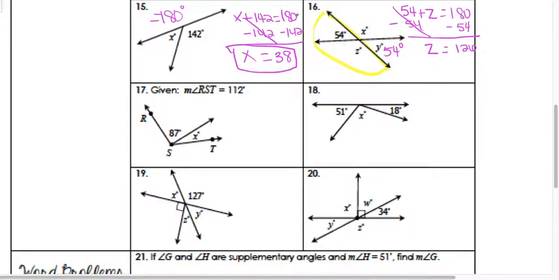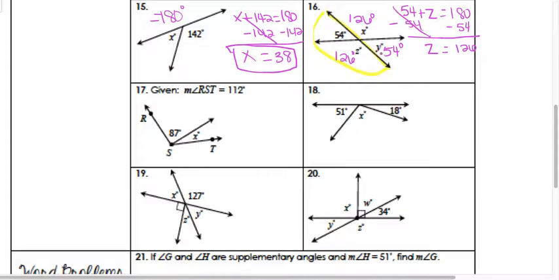Okay, z is 126 degrees. Well, if this is 126 degrees, what is this one? Because they're vertical, it's going to be 126 as well. All right, I apologize for messing you up with the x right there. Either way, it really is okay. I just didn't want to mess you up by putting the x when I had been talking about this part over here. Okay, so that's how you can work them when they're vertical like that.